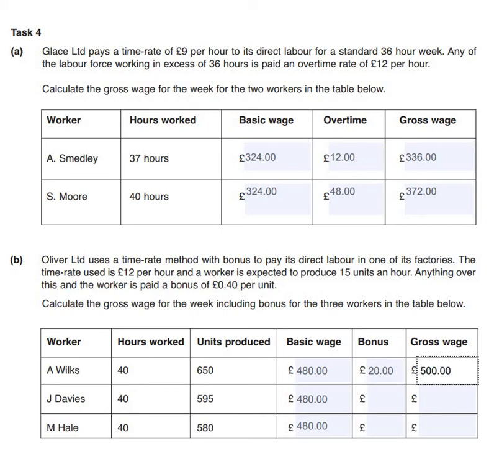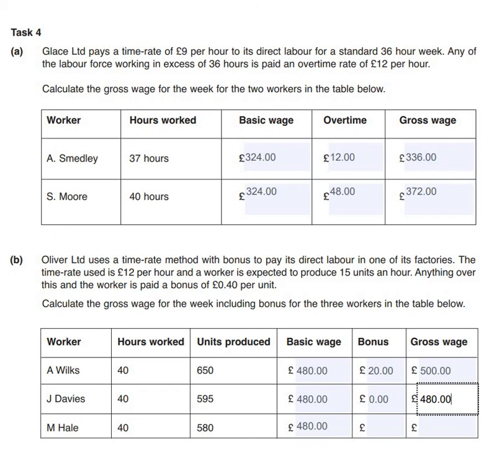for A. Wilkes. Our next employee, J. Davis, they only produced 595 units, and they should have produced 600 to get any bonus. So in this case they get nothing, so the gross wage is £480.